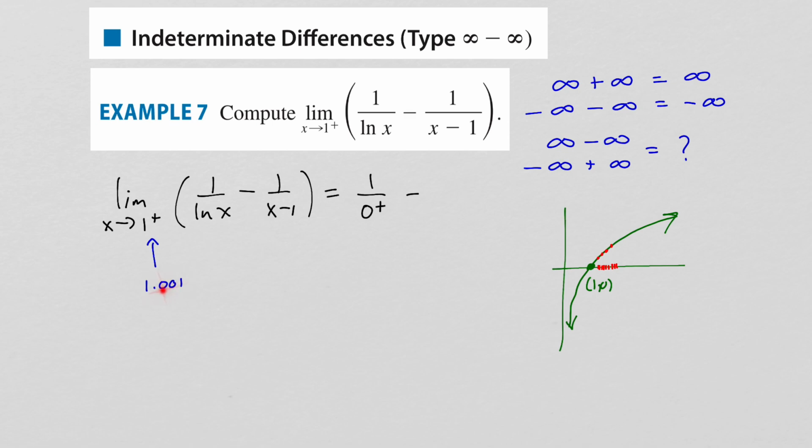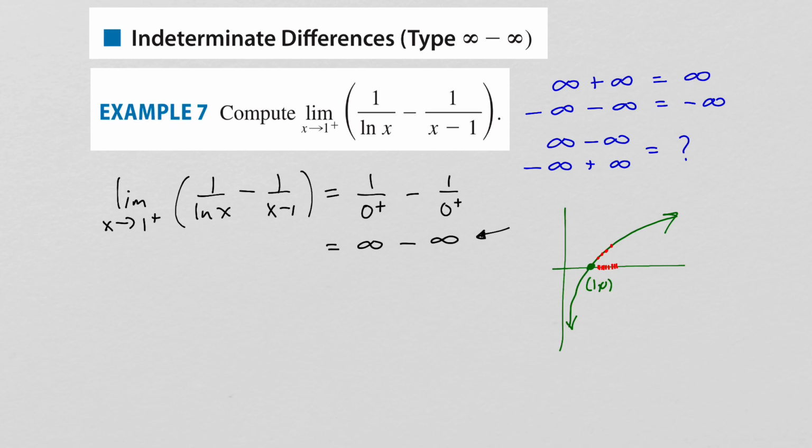If I plug it in, I have 1.001 minus 1, which is a very small positive number. And that's important because when you take 1 divided by a small positive number, that is positive infinity. Minus, and then 1 divided by a small positive number again is positive infinity. And so this is an indeterminate form.